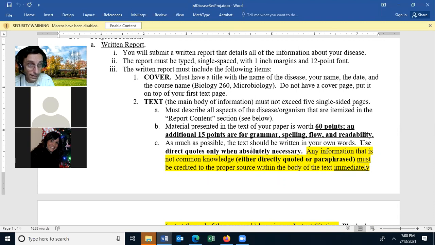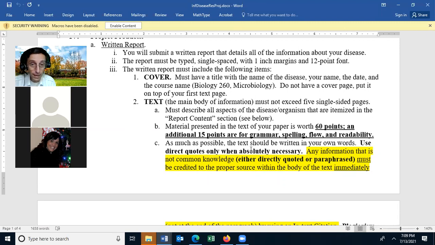But if I were to state something like, in 2020, in the state of Washington, there were 10,001 HIV patients, you would have to put in a citation, because that is not common knowledge. And by the way, I have no idea if what I just said about HIV in Washington was true or not. I'm just trying to give you an example. All right?